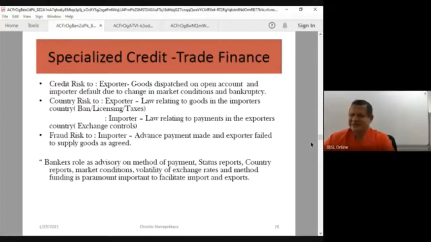Today we are going to discuss... Now, I gave a brief idea of what we discussed on the first day, and I went on to do evaluation in 3 different types, that is retail credit, SME credit, and corporate credit. What we looked at is the borrower's risk.